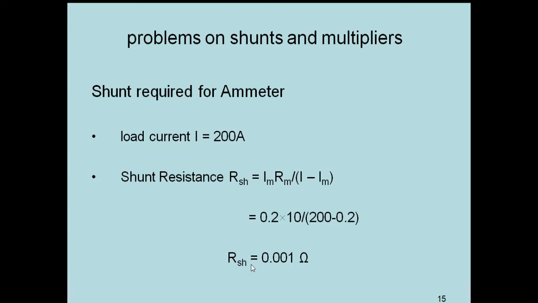That's why it is called a shunt. The value of shunt resistance will always be lesser than the meter resistance.